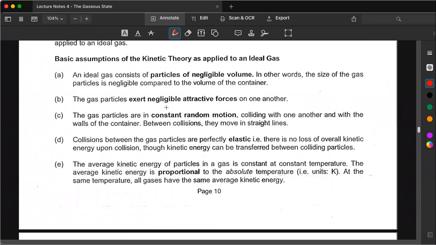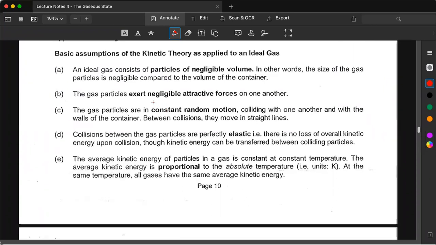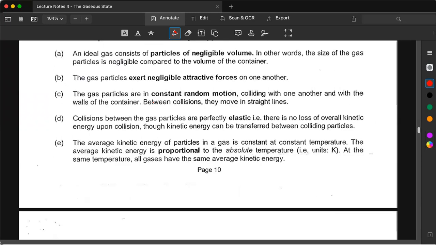In ideal gas, we assume that the gas particles are in constant random motion. They collide with one another and with the walls of the container, and between collisions, they move in straight lines. Collisions between gas particles are perfectly elastic. There's no loss of overall kinetic energy upon collision, though kinetic energy can still be transferred between colliding particles.